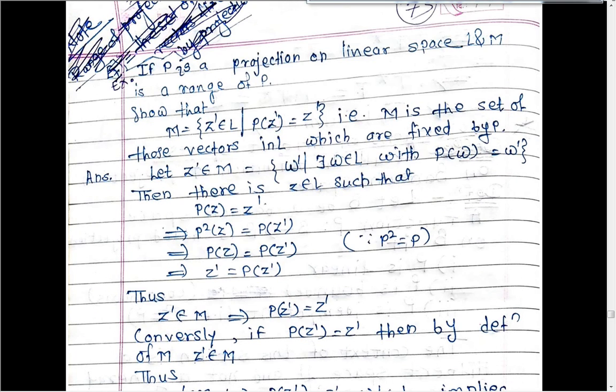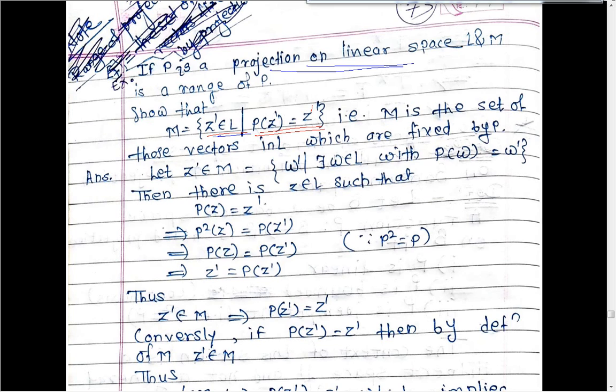If P is a projection on a linear space L, and M is the range of P, then M can be described as the set of all those vectors z' in L which are fixed by P, that is, z' belongs to L such that Pz' is equal to z'. So M is the set of those vectors in L which are fixed by P.